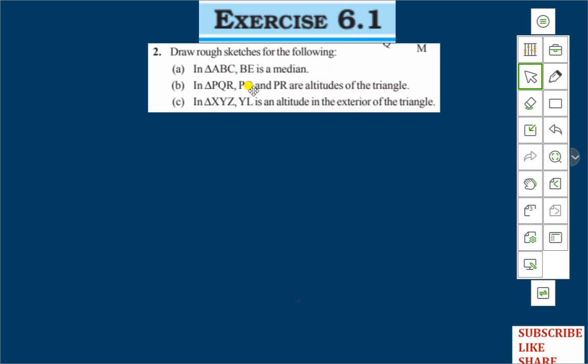In triangle PQR, PQ and PR are the altitudes of the triangle, right?